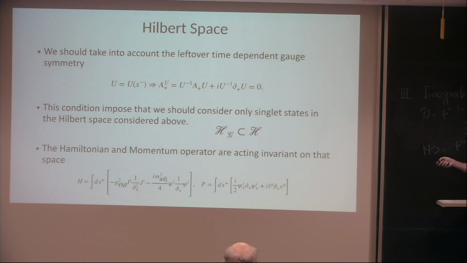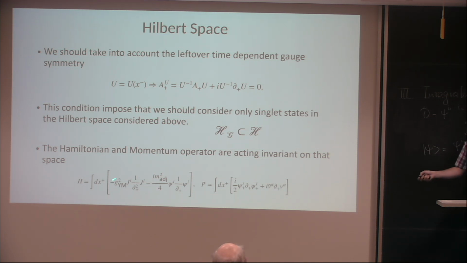And by taking into account these transformations, we concentrate on the gauge singlets of this Hilbert space. We can notice that the Hamiltonian and momentum act properly on this subspace, that is, they map singlets back to singlets.